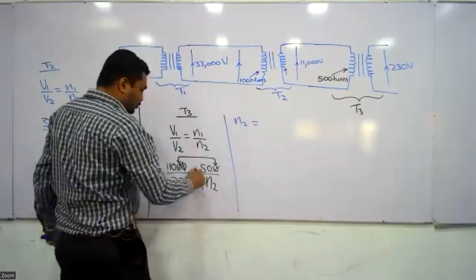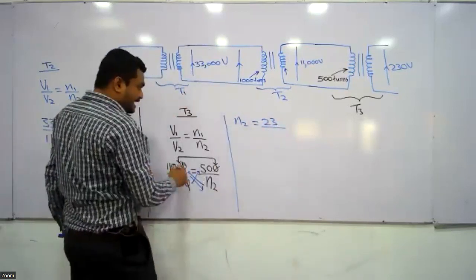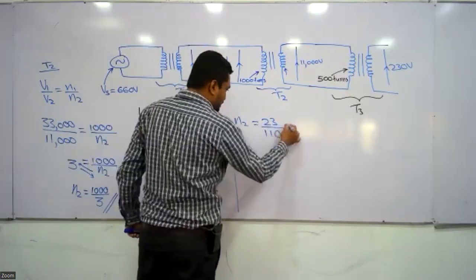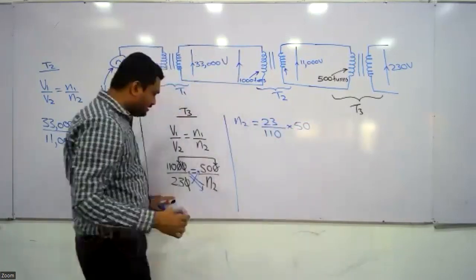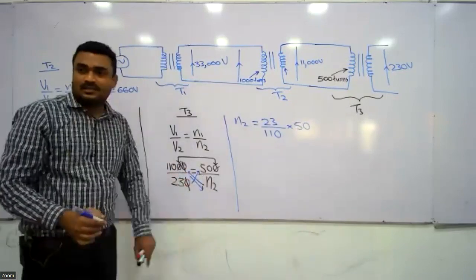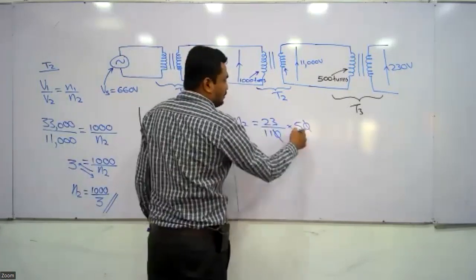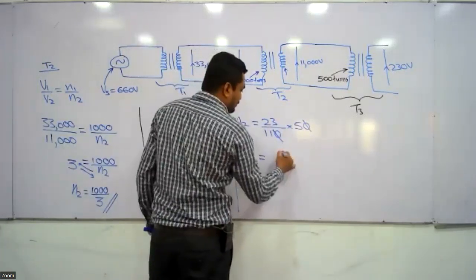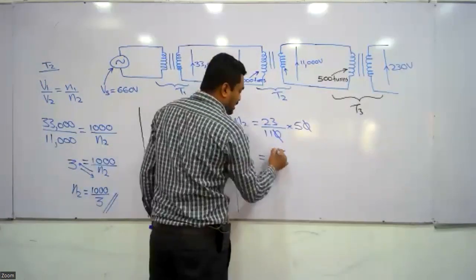N2 equals 23 goes up, 110 goes down, and 50 will be there. Am I right? Goes up, goes down. Now again we can cancel out these two zeros. 3 times 5, 15. 5 times 2, 10, with the remaining one, 11.